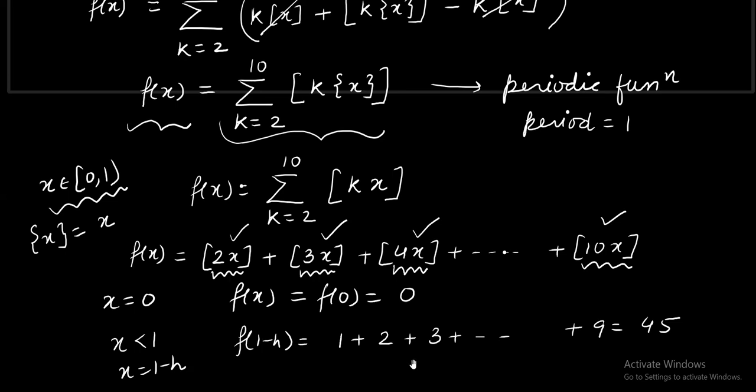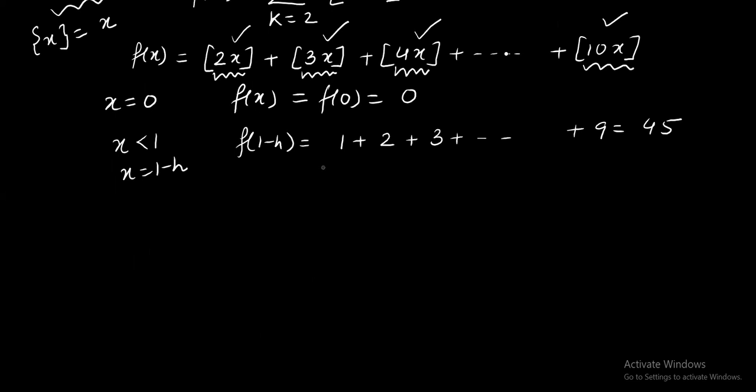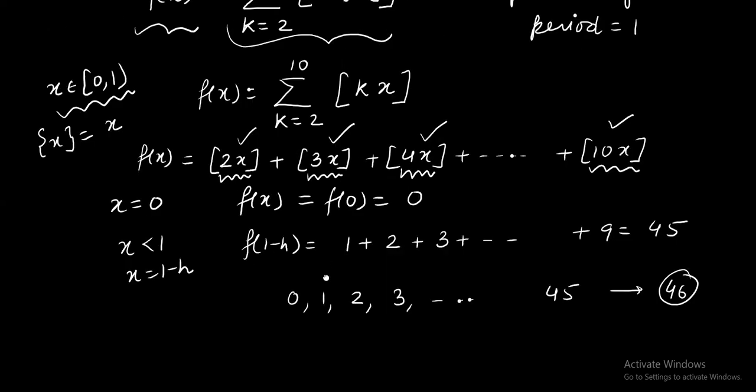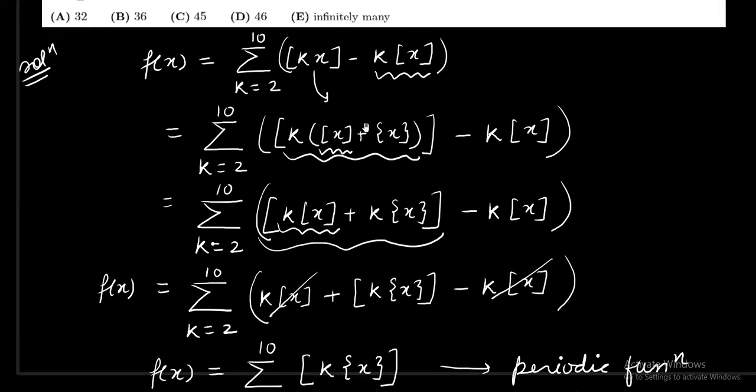When you look at these two values, the one thing that comes to our mind is that the function takes the values 0, 1, 2, 3, and keeps on taking values till 45. That means we feel that the answer turns out to be 46. The function is taking 46 different integral values for the given question. And if you see the options, yes, we do have an option which contains 46.